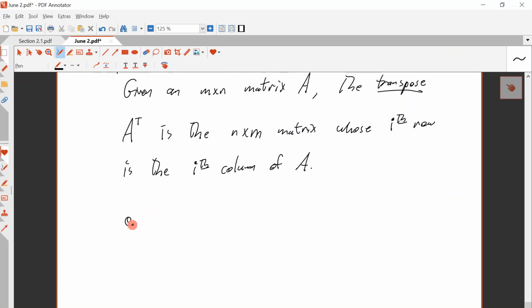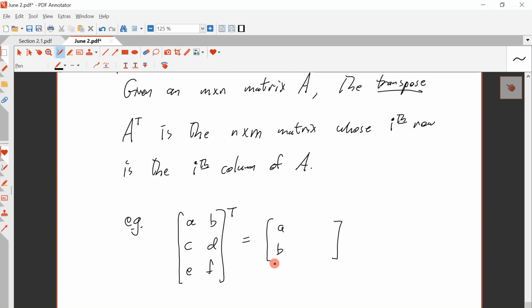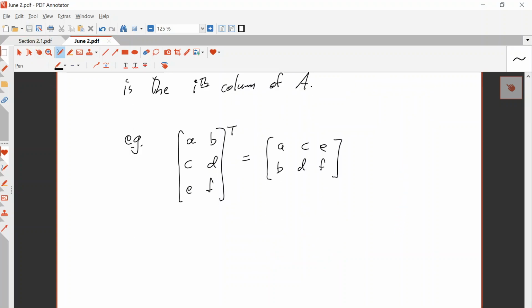For example, if I had a 3 by 2 matrix, A, B, C, D, E, F, and I want to transpose that, this gives me the 2 by 3 matrix. The first column of the transpose is the first row of the original matrix, so that's A, B. Second column is C, D. Third column is E, F. That's a kind of important matrix, and we'll talk more about it later.